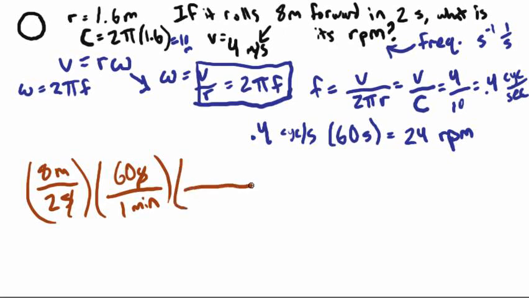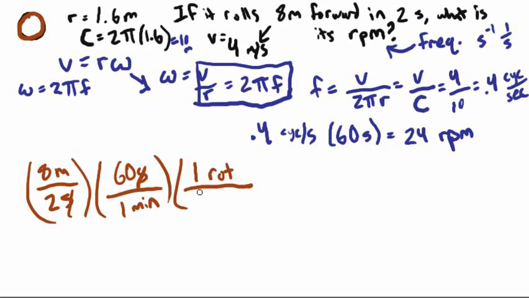So now here's the fun part. 1 revolution or 1 rotation is how long in its distance? So how long is this? It is in fact the circumference of the wheel, which is 10 meters, right?